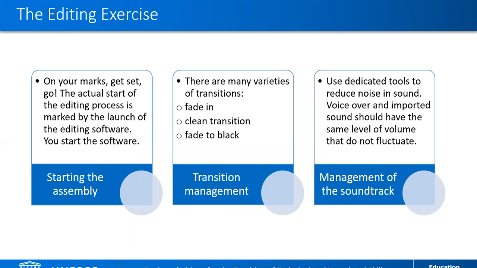The next stage is the transition management, which includes many varieties of transition, including fading, clean transition, fade to black. Then the next stage is the management of the soundtrack, where dedicated tools are used to reduce noise in the sound. Voice over and imported sound should have the same level of volume that does not fluctuate.